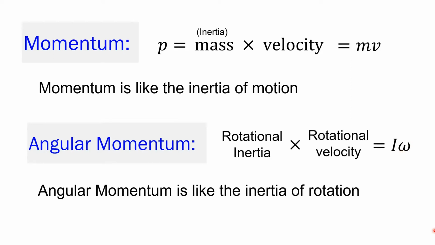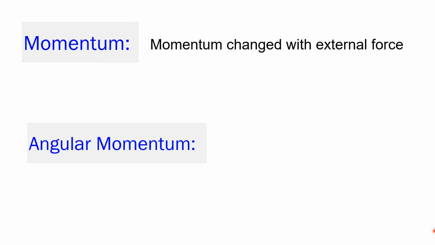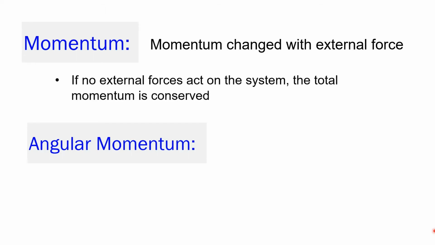There's some other similarities we can look at between momentum and angular momentum, and this just saves us from redescribing angular momentum from scratch. So with regular momentum, I talked about how momentum changed with external force. But if no external forces act on the system, the total momentum is conserved.